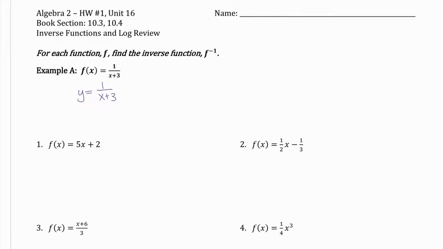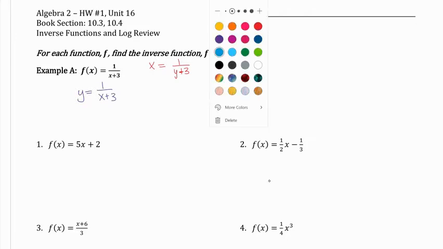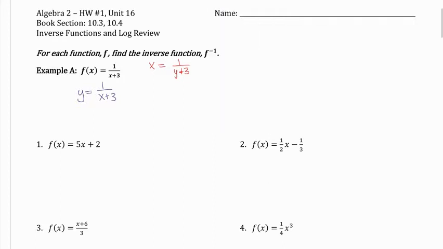So to find my inverse, I'm going to write this as x equals 1 over y plus 3, and then I want to solve for y, right? To get y by itself, right now y is on the bottom, so I'm actually going to put x over 1, and then I'm going to cross multiply here, but I'm not going to distribute anything because I want to get that y by itself.